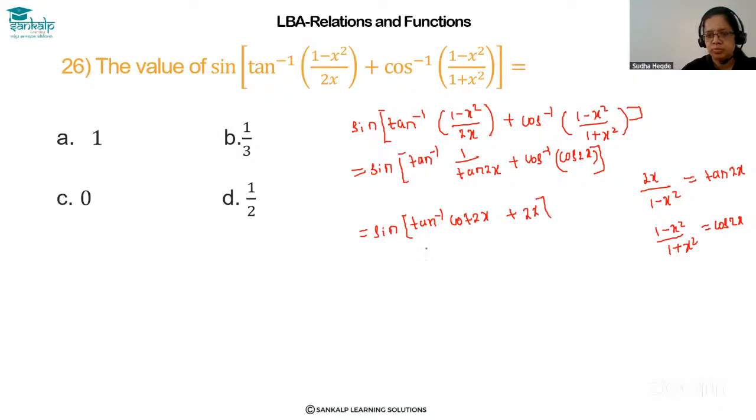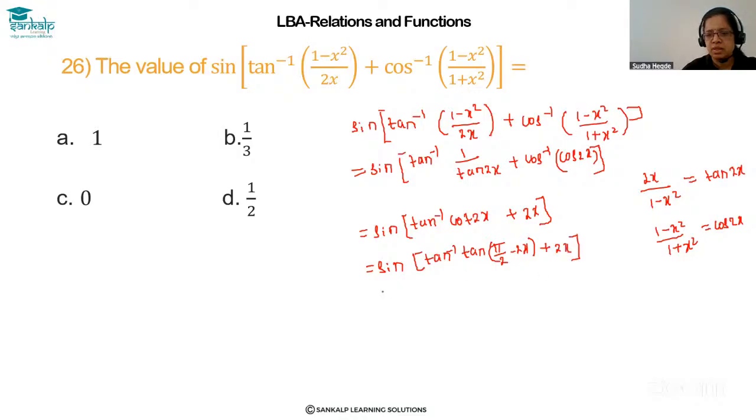Okay, now express this in terms of tan. So it is sine of tan inverse cot. You can write in terms of tan as tan of pi by 2 minus 2x. Correct? Tan of pi by 2 minus x is cot x. So in place of x you have 2x. I am taking that.